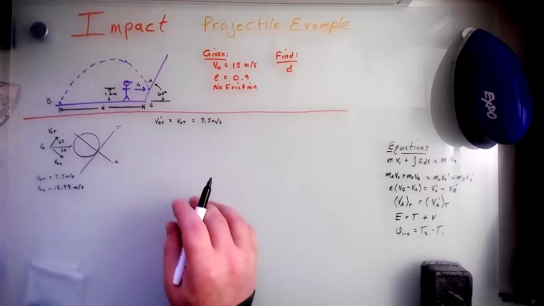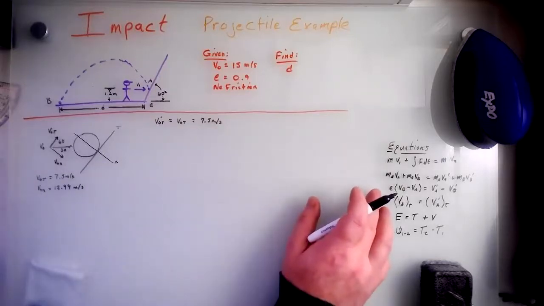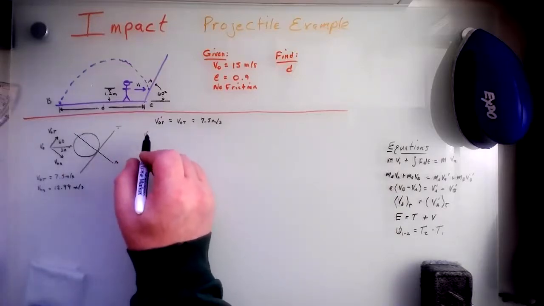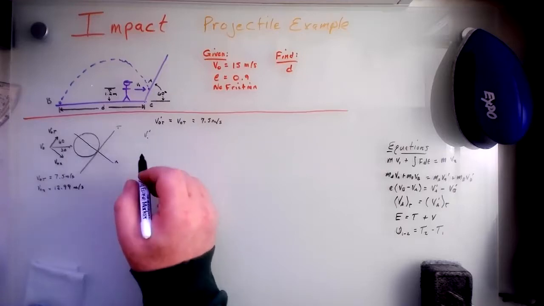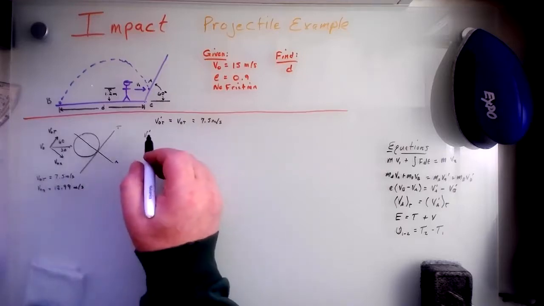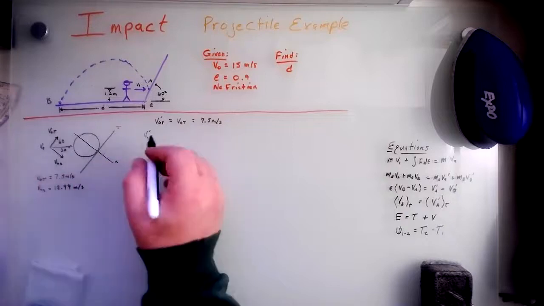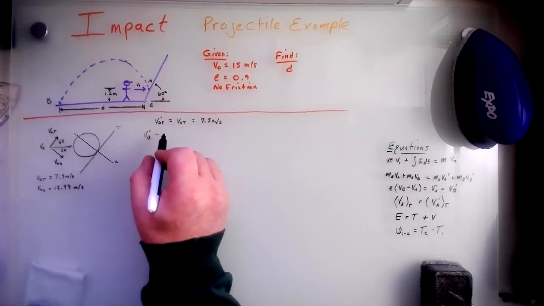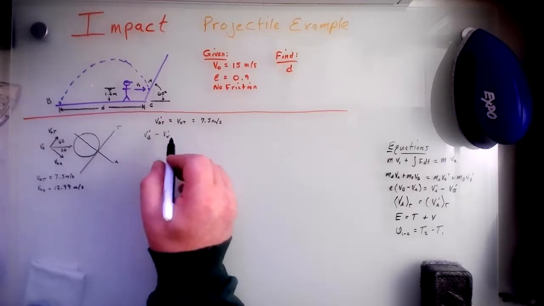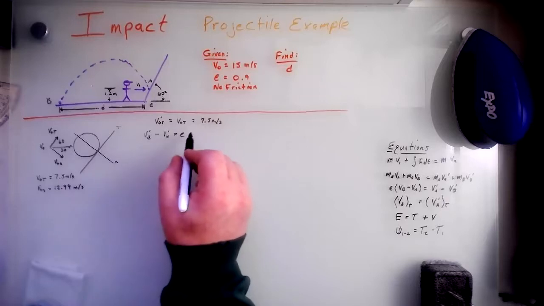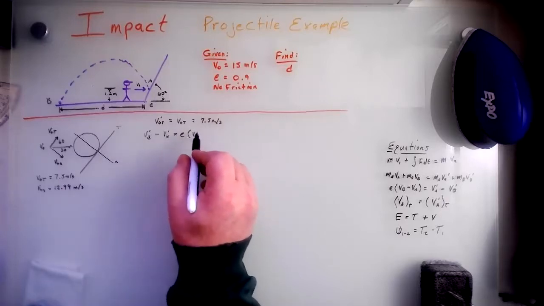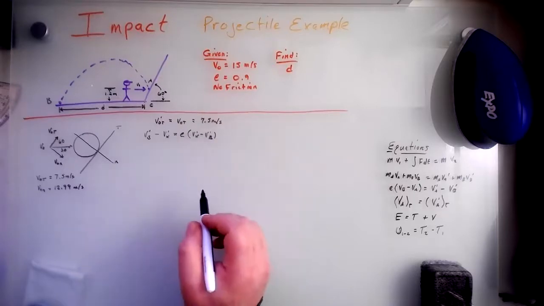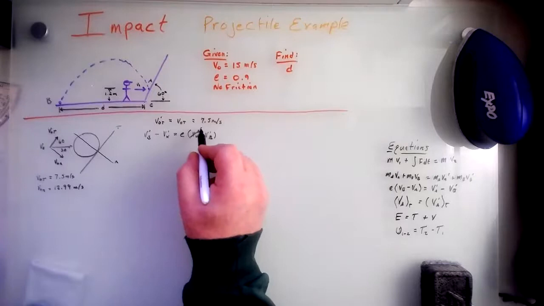What do we need? We need one of these. Well, let's use this one first. V prime of the ball minus V prime of the wall is equal to E times V prime of the wall minus V prime of the ball, and the wall isn't going anywhere.